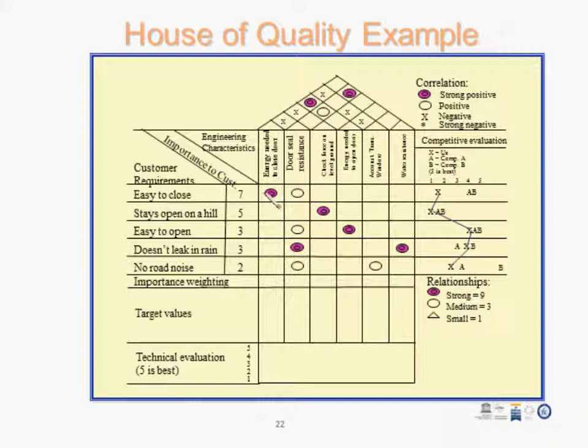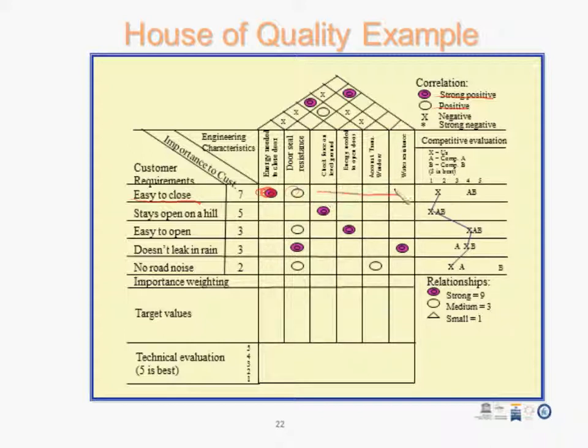Here, to improve ease to close, the most important is the energy needed to close the door. So we need to improve the energy to close the door. The dark circle is strongly positive. The next one is positive. The second one is door seal resistance, which is also important.